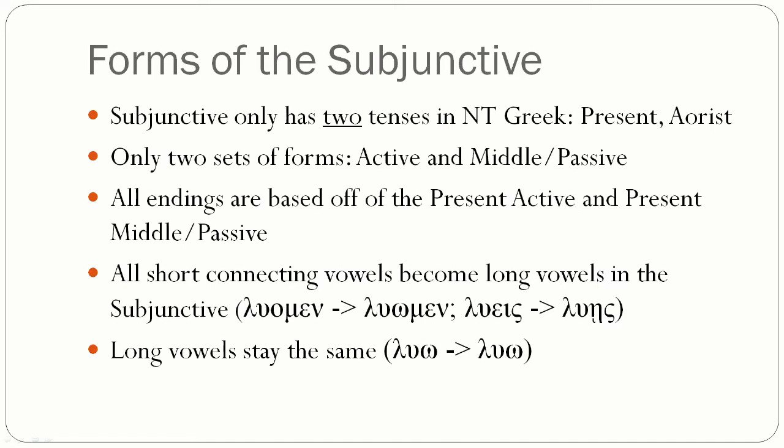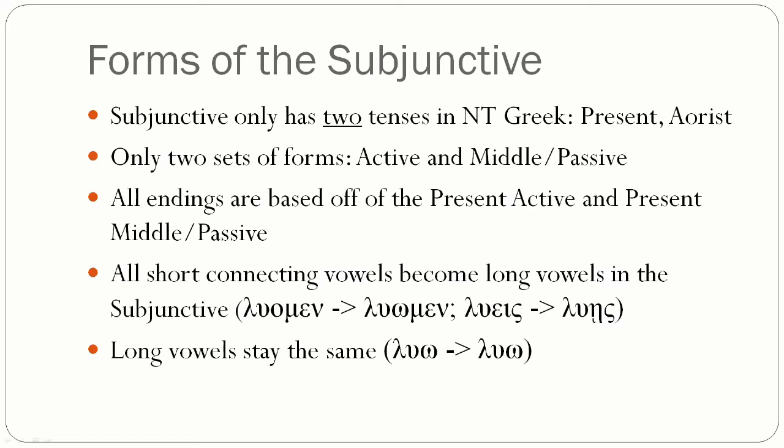Okay, the first ending is an indicative, the second is a subjunctive, and you can see that it's just done by lengthening that connecting vowel. Luace, the second person singular indicative ending, just take that epsilon and lengthen it, and when you have an eta, the iota becomes an iota subscript, so you end up with luace with the eta and the iota subscript. The sigma stays the same from the indicative ending.